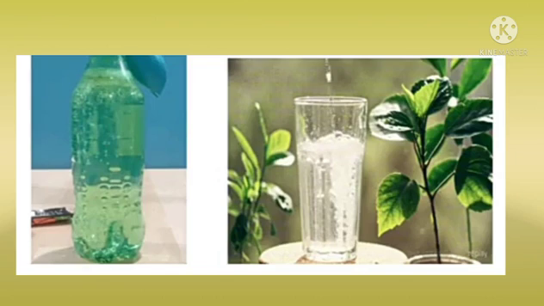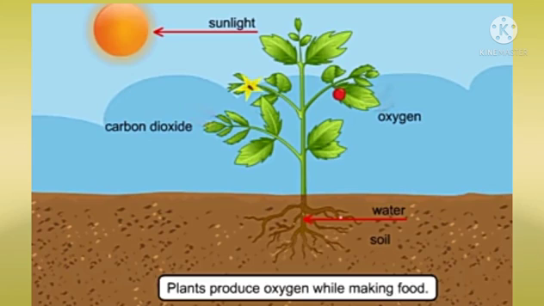It means that water too is present in air in the form of a gas. Students, you also know that plants make their food using air and water in the presence of sunlight. When plants make their food, they use the carbon dioxide from the air.